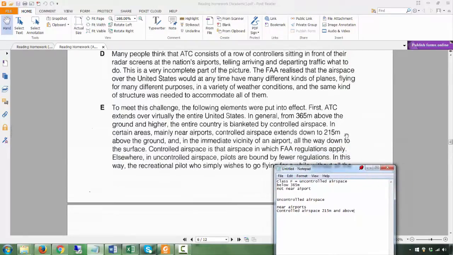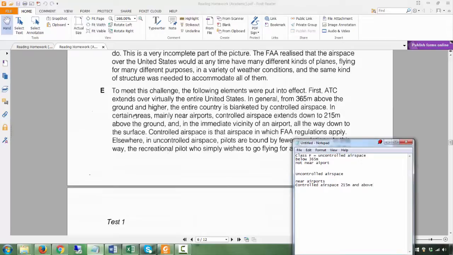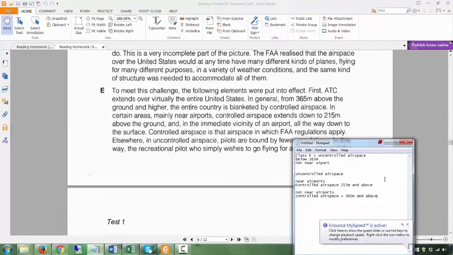So how about if it's not near the airports? Controlled airspace is not near airports. Controlled airspace is 365 meters and above.